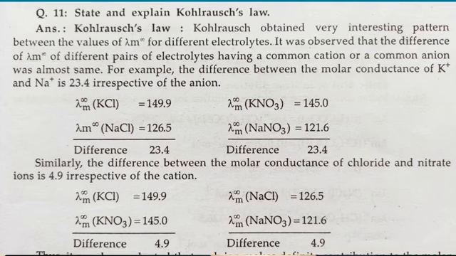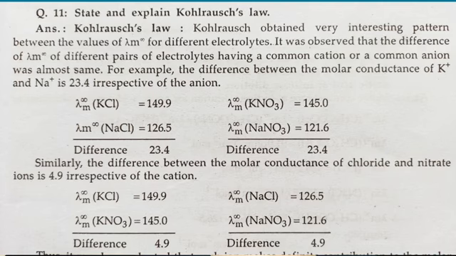In the next case, lambda infinity m of KNO3, potassium nitrate, is 145.0, and lambda infinity m of sodium nitrate is 121.6, and the difference is again 23.4. That means irrespective of the anion, he found that the difference of lambda infinity m of different pairs of electrolytes having a common anion was almost the same. That is the interesting fact observed by Kohlrausch.